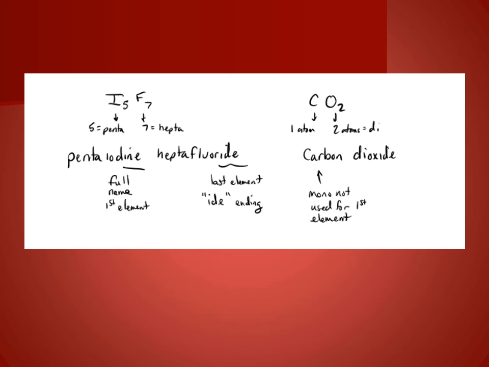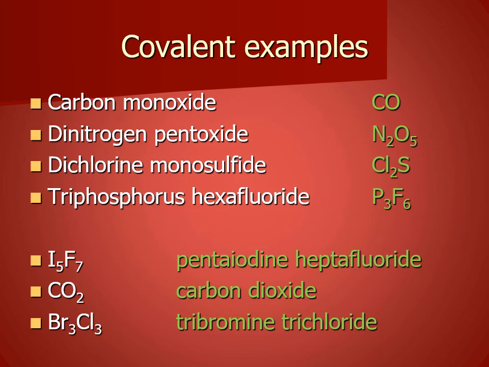All right? Full name of the first element. Second element gets the IDE ending every time. So that's consistent with type 1 and 2 as well. Heptafluoride. So pentaiodine heptafluoride would be the entire name. Of course, we already know carbon dioxide, very common substance.